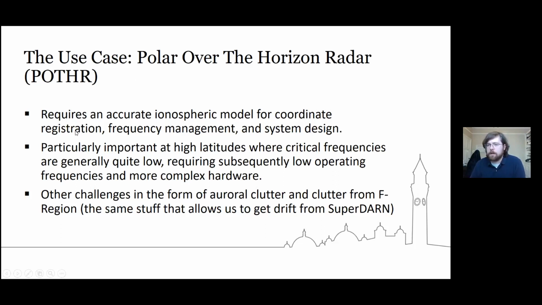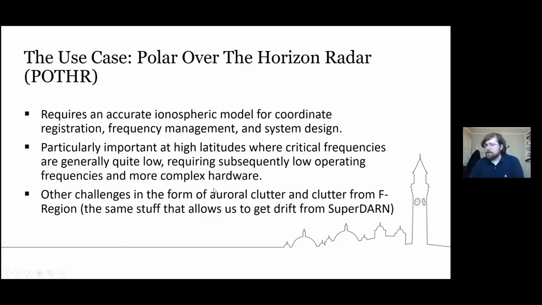You also need a reasonably good ionospheric model to do what's called frequency management, which is selecting what frequencies you need in order to surveil a particular region of interest. And you also need it for system design, particularly at high latitudes where the plasma frequencies are quite low. So the operating frequencies would be rather low, which puts constraints on the system such that you need to work with bigger and more complex hardware.